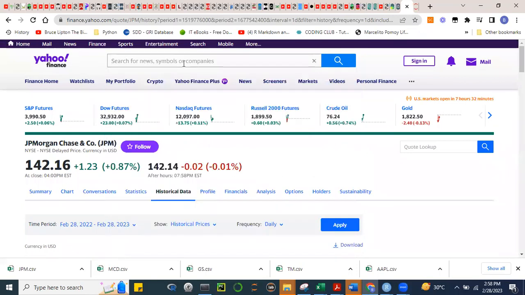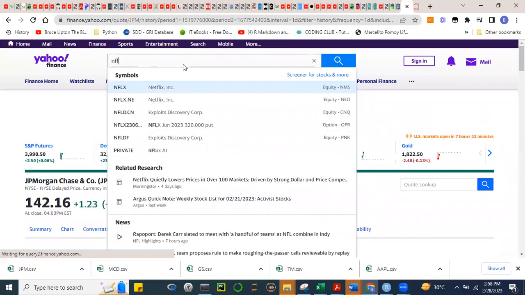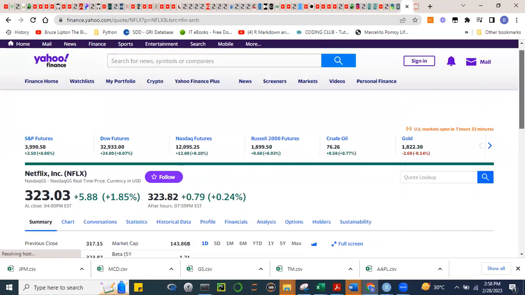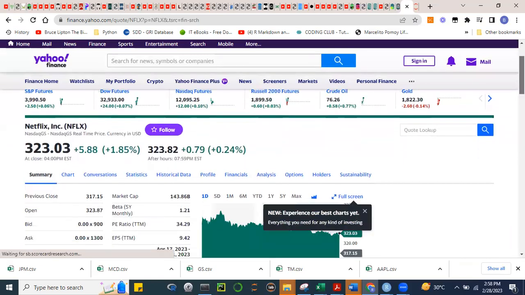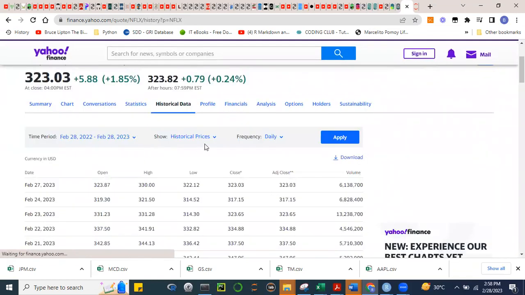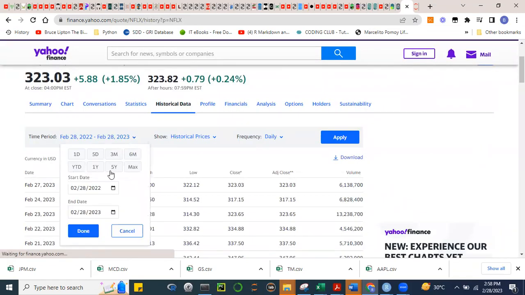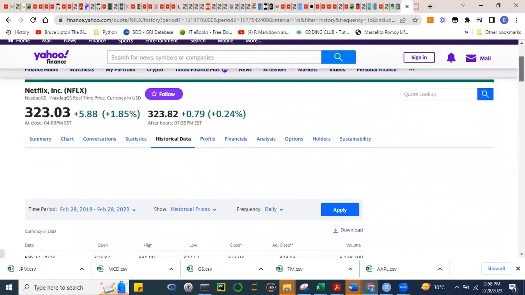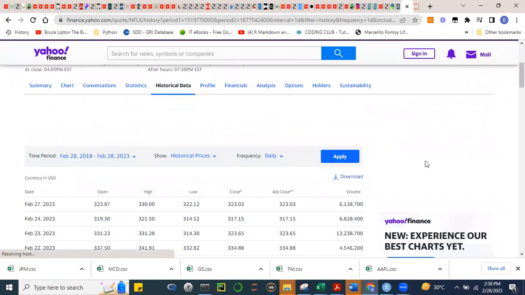Netflix, NFLX. Yan. Equity. Sa NMS is NASDAQ yata, if I'm not mistaken. NASDAQ, NMS. Okay, then 5 years, apply, check kung ano siya, February 18, okay, download.